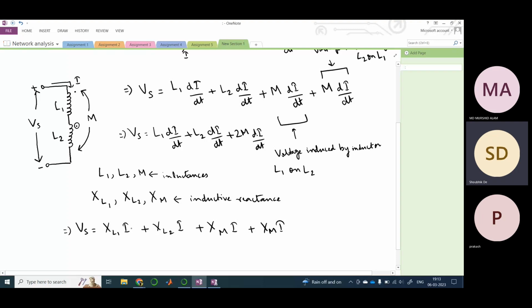Voltage drop across the inductor, basically the resistance into current, simple thing. If we are not given the inductance, if we are given the inductive reactances, then the equation would change and it would look something like this. Okay.